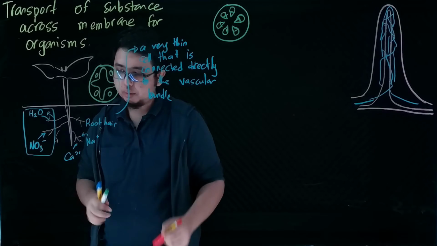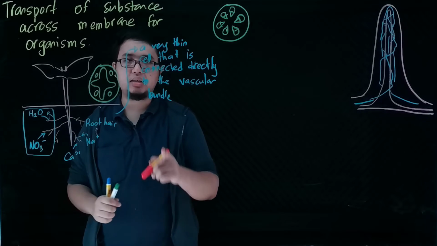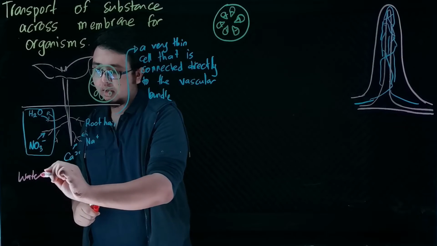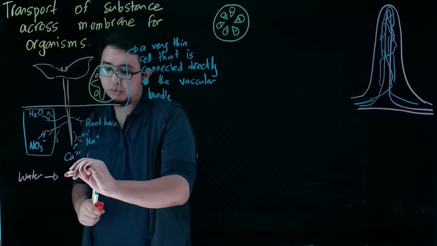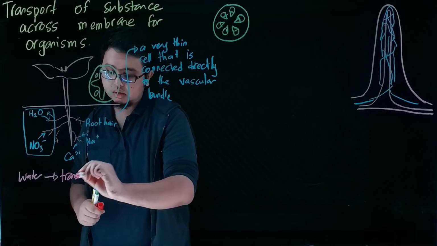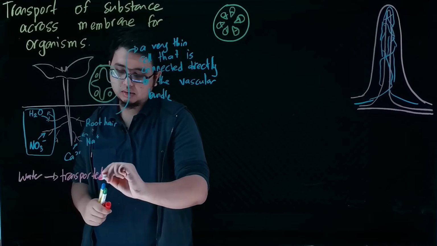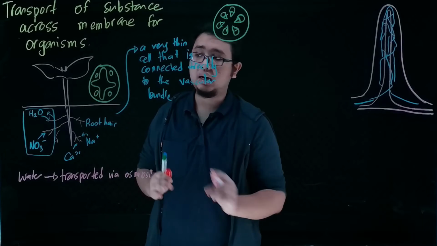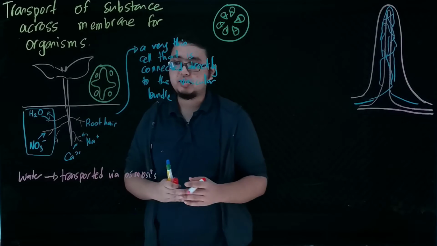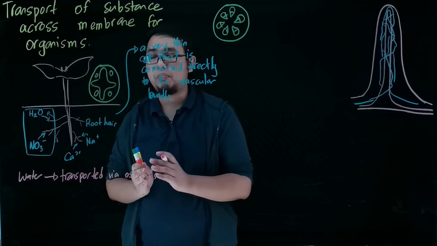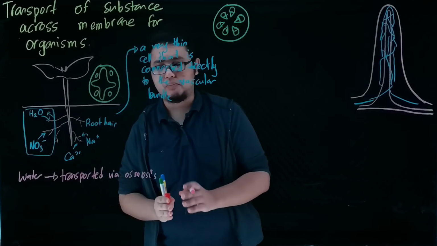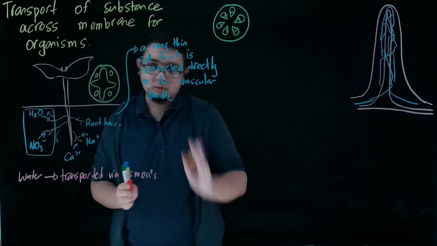So when we look at these two substances, water is transported via osmosis. And we've already discovered that osmosis is part of passive transport and does not require any ATP to transport the water across.